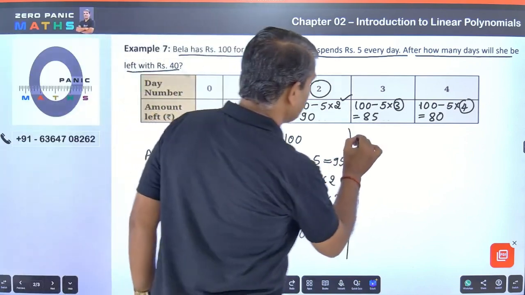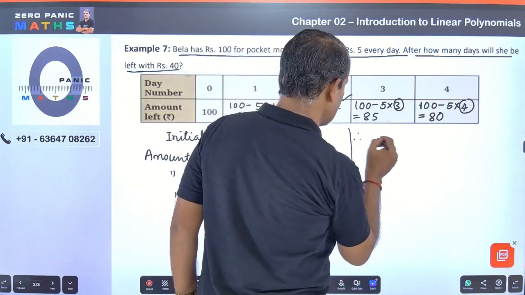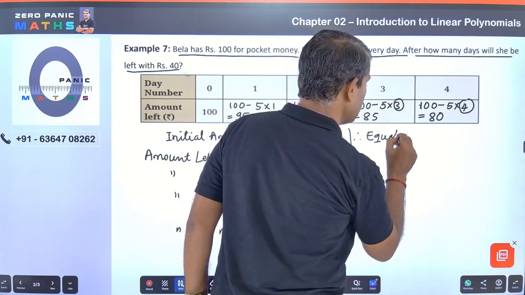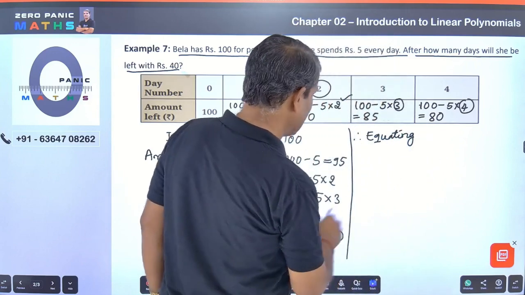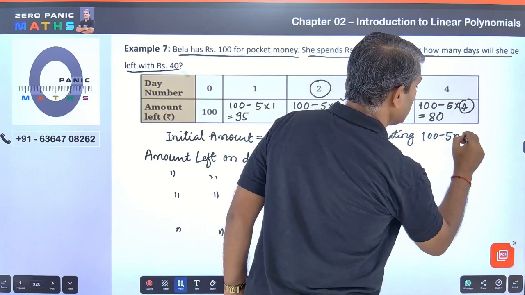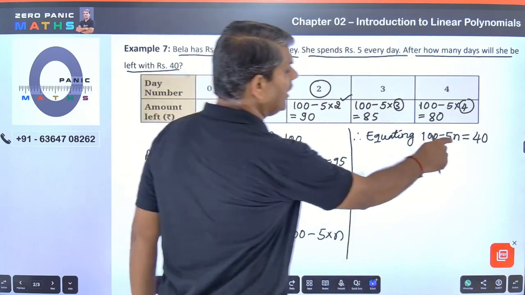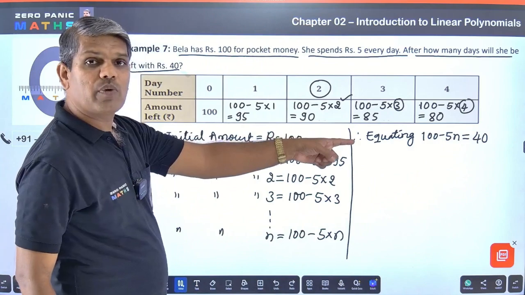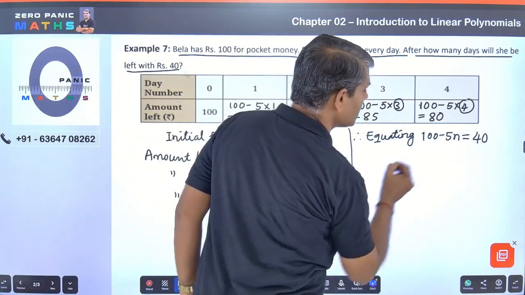So therefore we can write the algebraic equation: equating 100 minus 5n equal to 40. Finding the n value in that algebraic equation gives us the required answer. Let us resolve this.